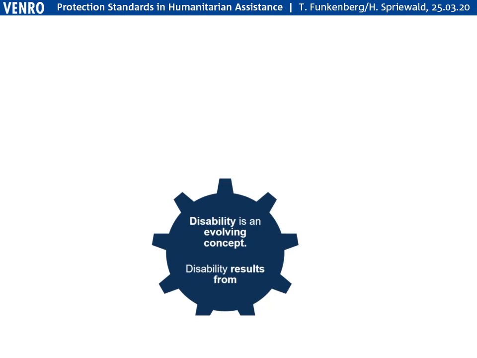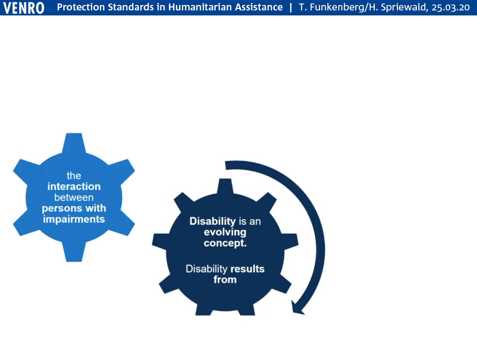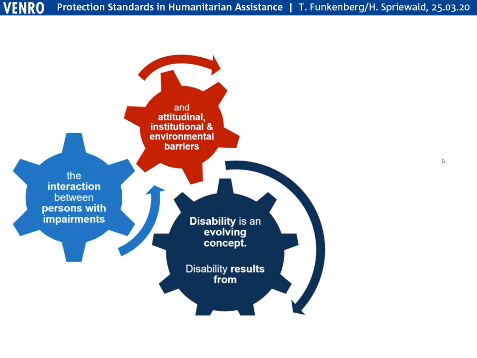The more we learn, the more we identify. But disability results from the interaction between persons with long-term impairments, which can be sensory, physical, intellectual, or psychosocial, and attitudinal, institutional, and environmental barriers.